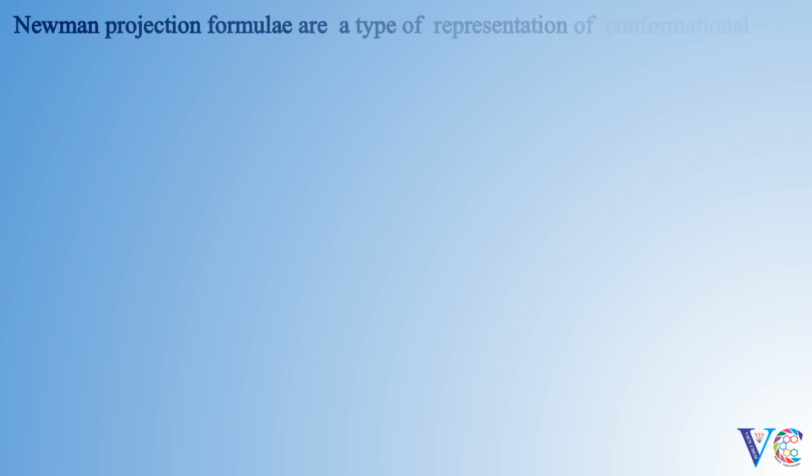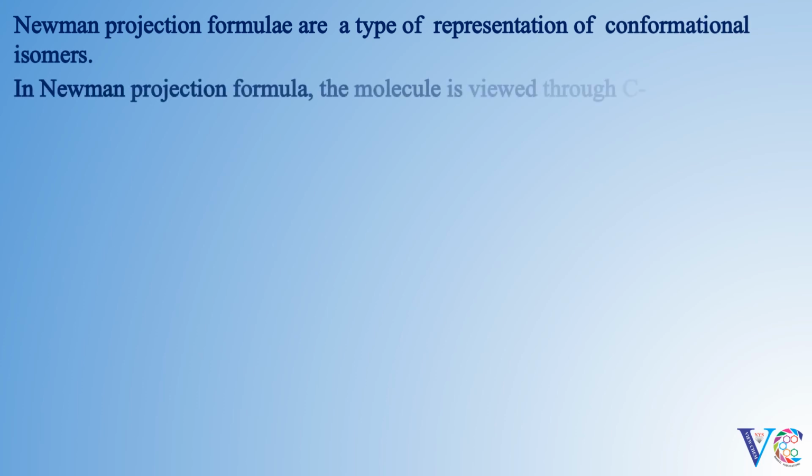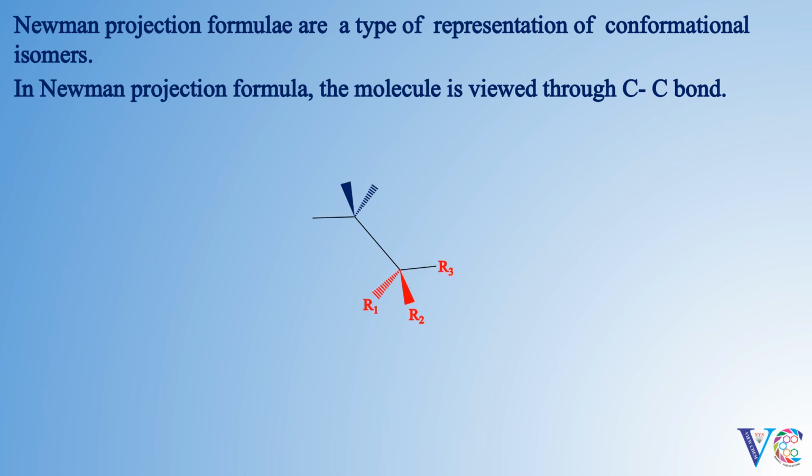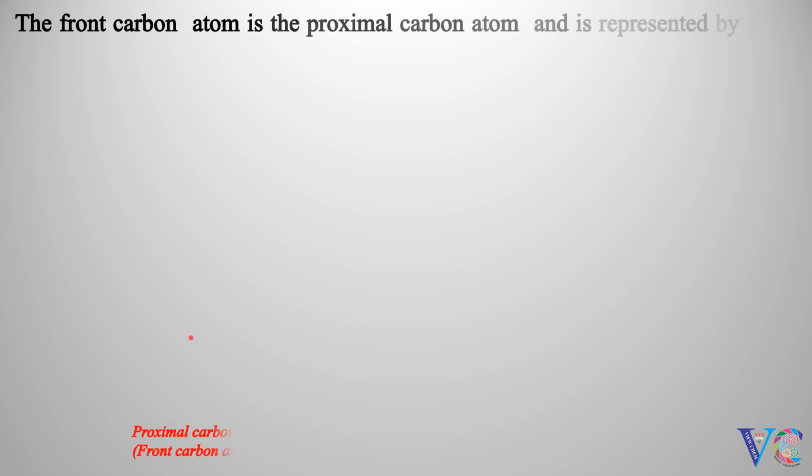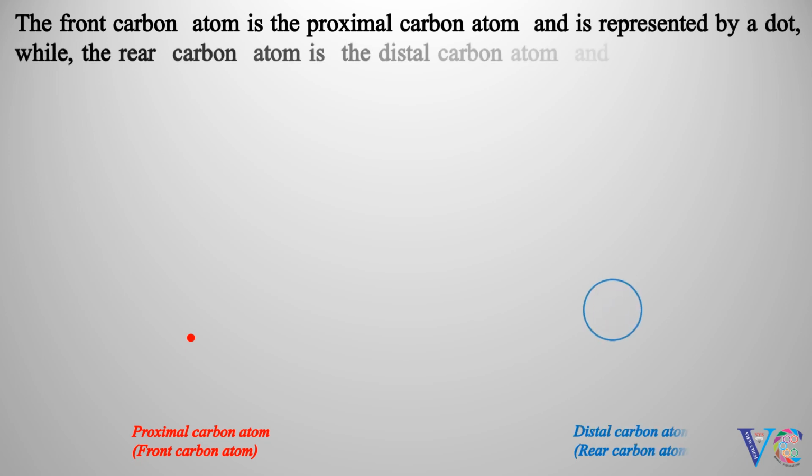Newman projection formulae are a type of representation of conformational isomers. In Newman projection formula, the molecule is viewed through CC bond. The front carbon atom is the proximal carbon atom, and is represented by a dot, while the rear carbon atom is the distal carbon atom, and is represented by a circle.